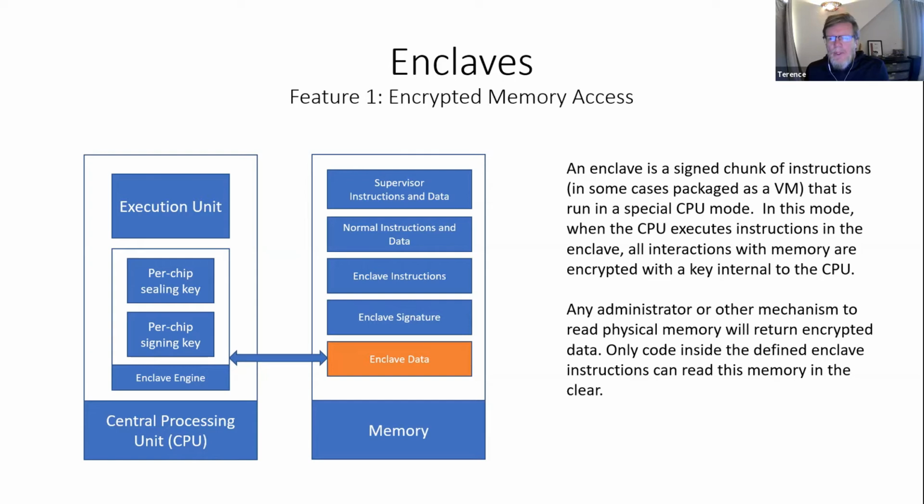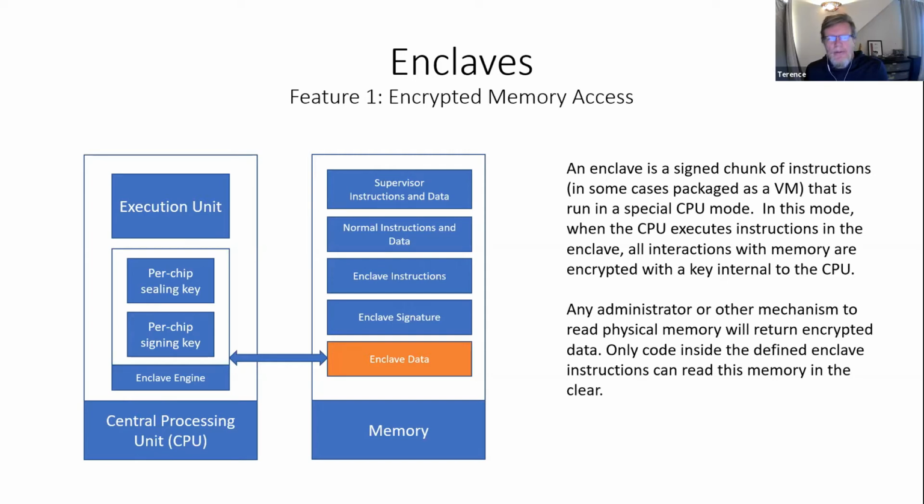And we're going to create a special kind of execution mode that will execute what I'll call enclave instructions after a signature has been verified. So what that means is that I can download these instructions or this program or this VM, whatever it is, to my CPU. And if I enter that enclave, that is, I call the program within the enclave, the CPU is going to swap itself into enclave mode.